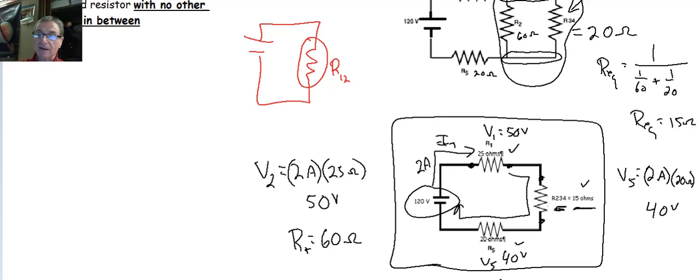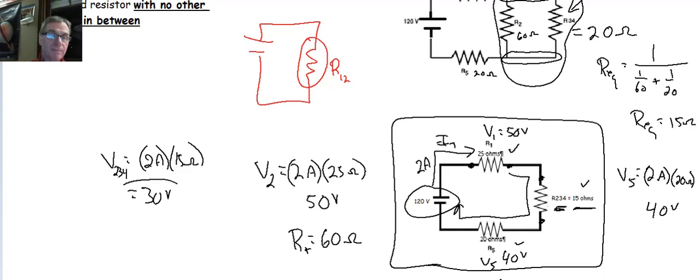Well, again, we know that R234 is 15 ohms, so V234 is going to be equal to 2 amps times 15 ohms, right? And that's going to be a 30 volt drop, okay, across R234. V234 equals 30 volts.